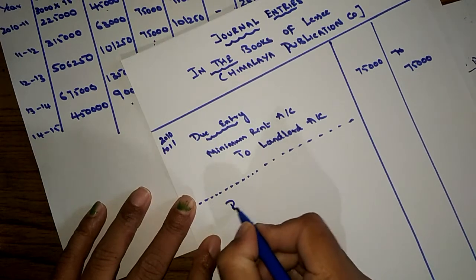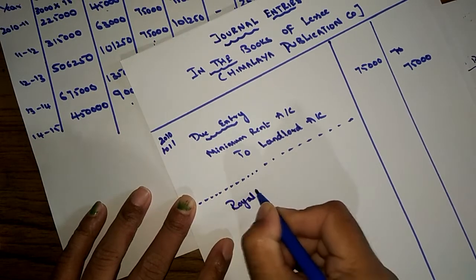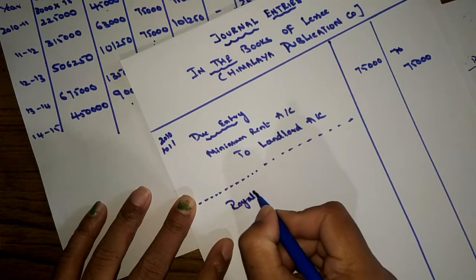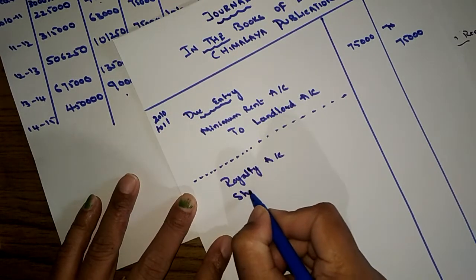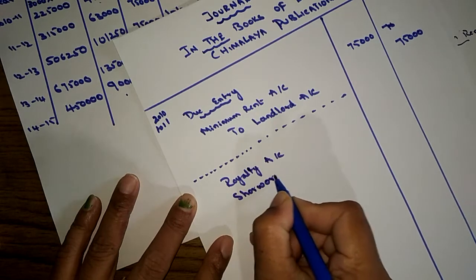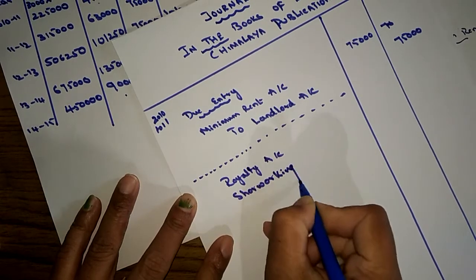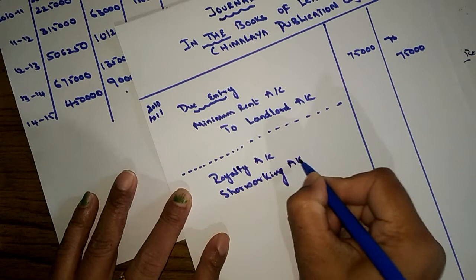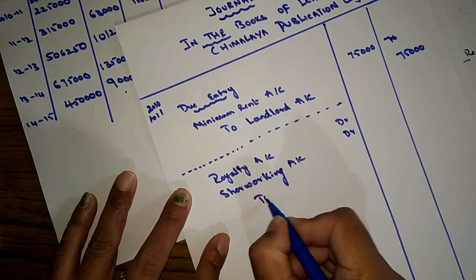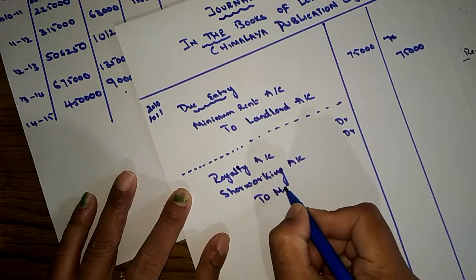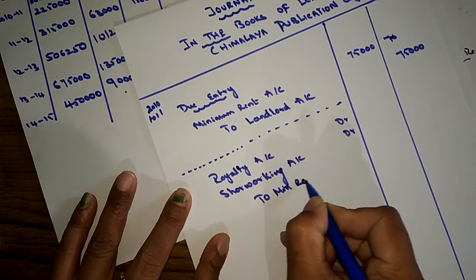And the second entry is for splitting this into royalty and short working. So royalty account, short working account, debit to minimum rent account.